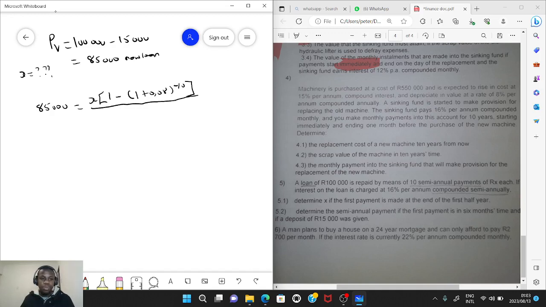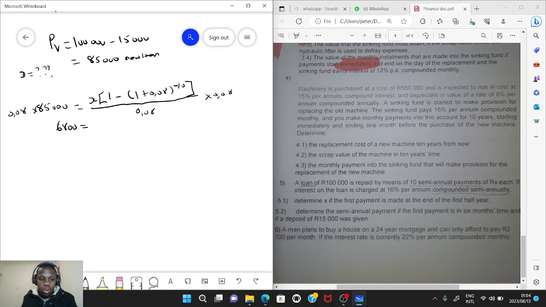Now, okay, here we'll be left with 0.08. Now we multiply both sides by 0.08 as planned, right? So on your left hand side you will say 0.08, and then you multiply by 85,000. Let's check. Okay, you have 6,800, right?